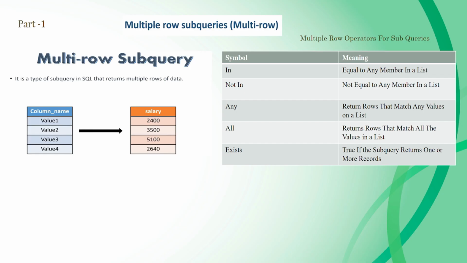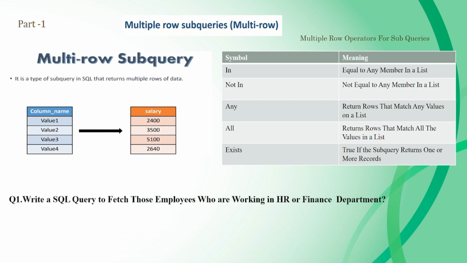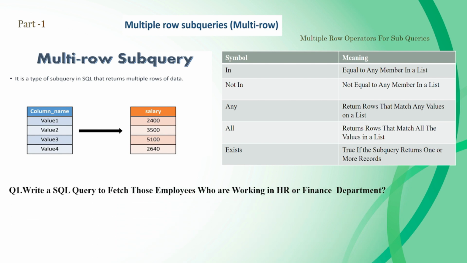Here is the problem statement for this multi-row subquery. Write a SQL query to fetch those employees who are working in the HR as well as the finance department. In the single row subquery, we were trying to fetch only the HR department. But here under multi-row queries, we need to fetch the HR as well as the finance department.